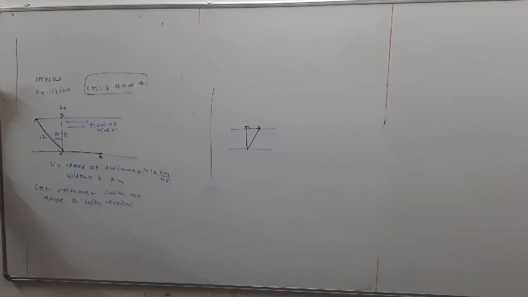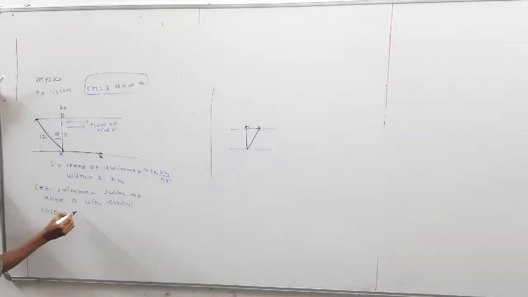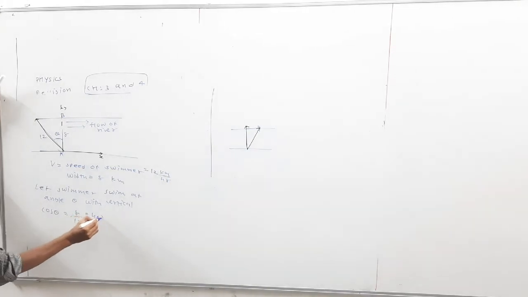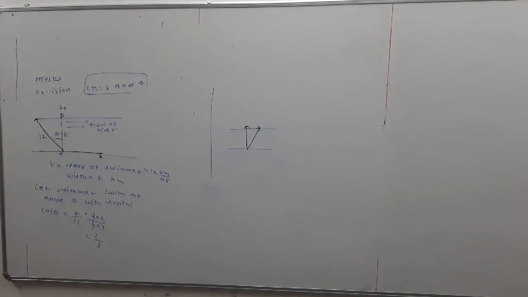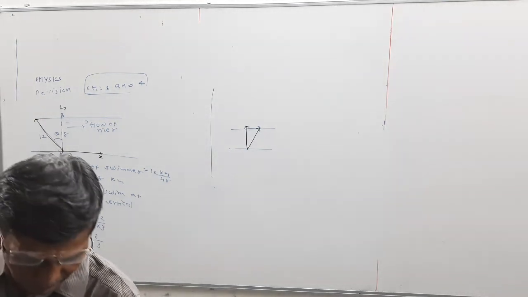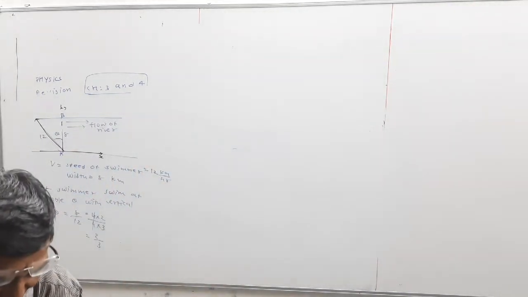So how do we get the angle? We are given the adjacent side and this is the hypotenuse. In a right angle triangle, cos theta is adjacent upon hypotenuse, 8 upon 12, which is 2 by 3. Cos theta is 2 by 3. Now what are the components of the velocity?